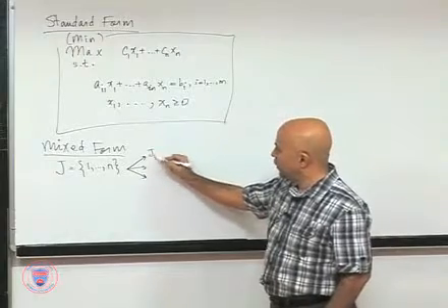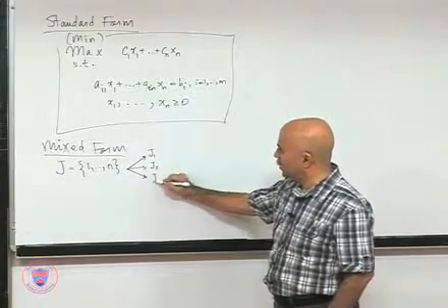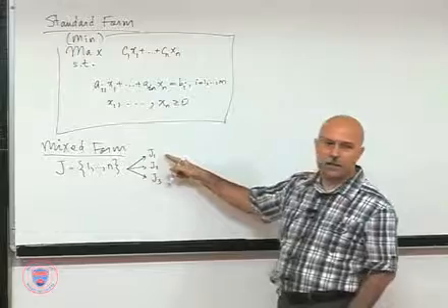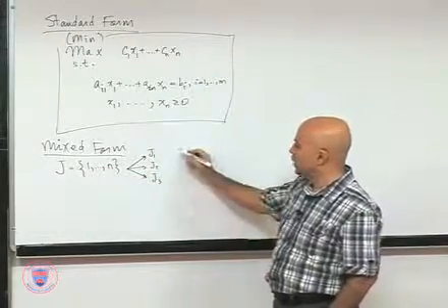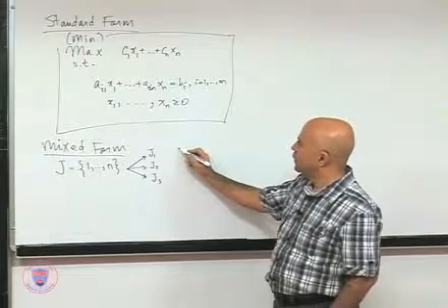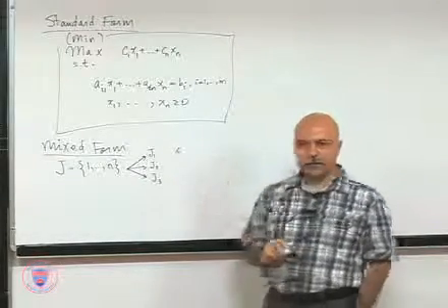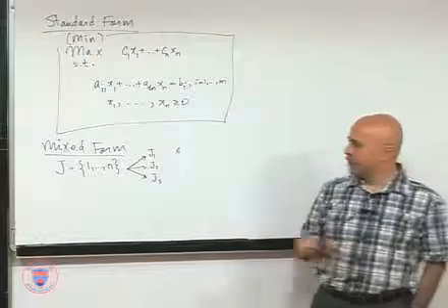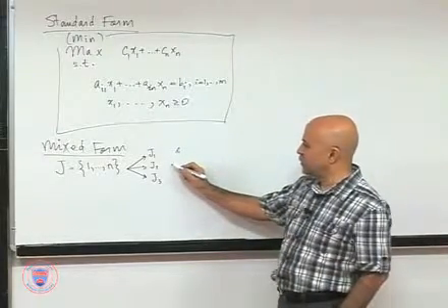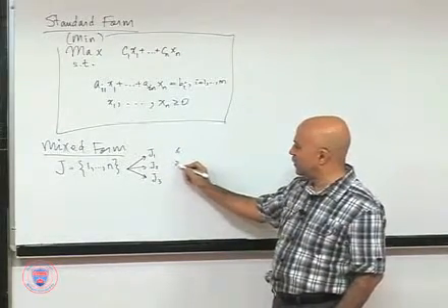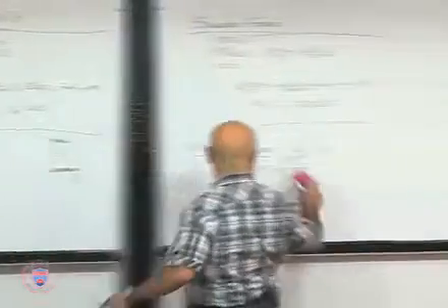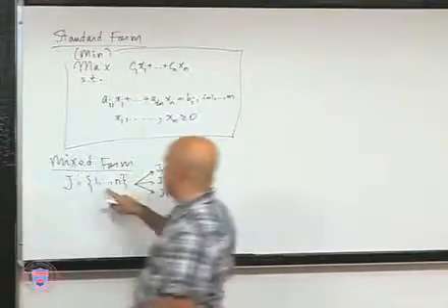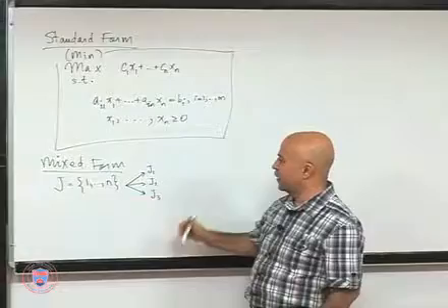Let's call them, say, J1, J2, and J3, where J1 consists of those indices... sorry, these are variables. I have to change that, sorry. This is the set of variables.